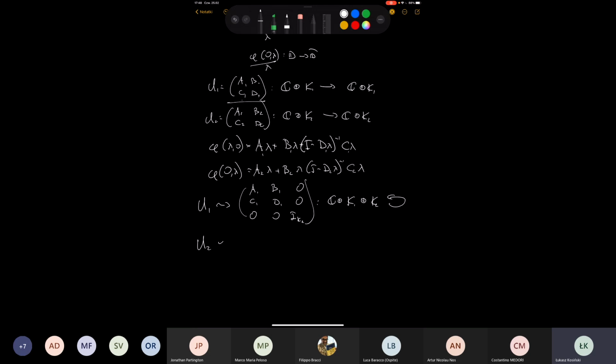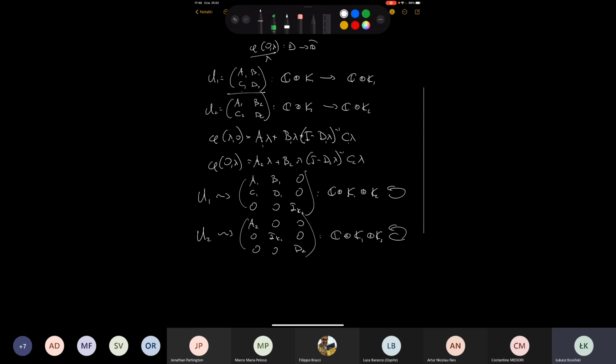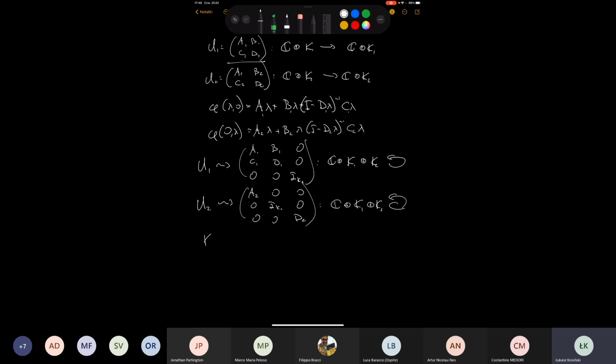And instead of U2, we can take this. So this also goes from C plus K1 plus K2 into itself. Okay, so this means that we can assume that K1 and K2 are equal.